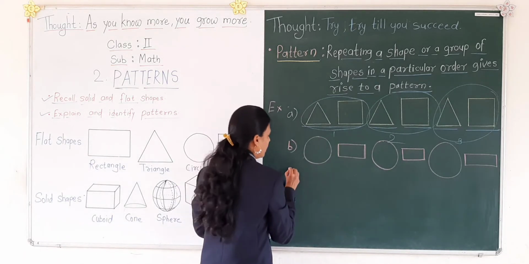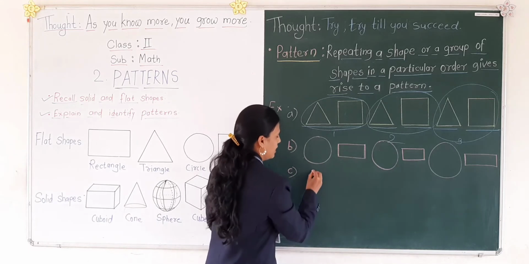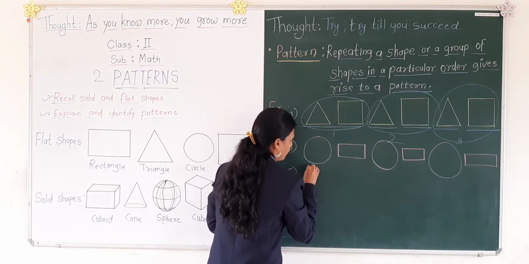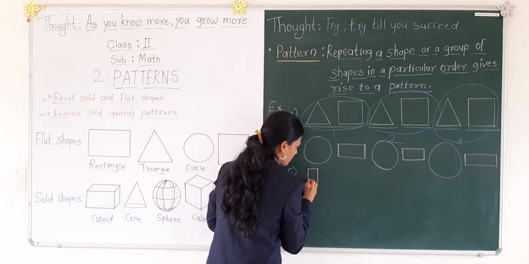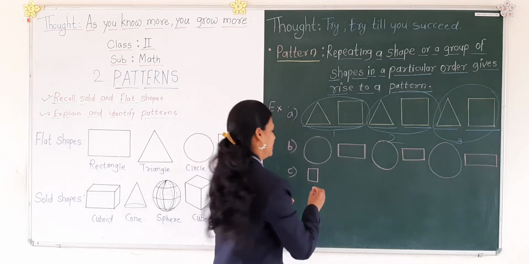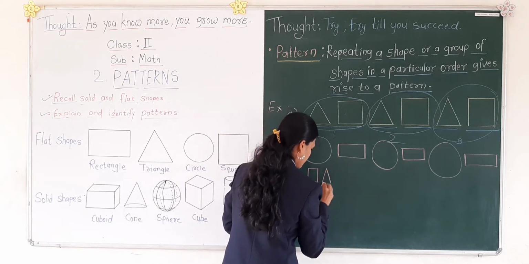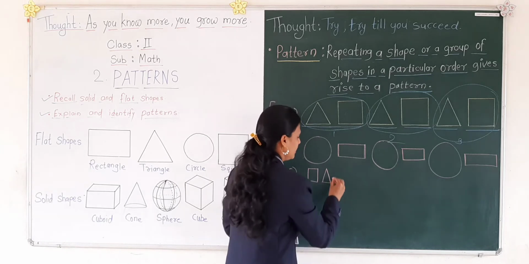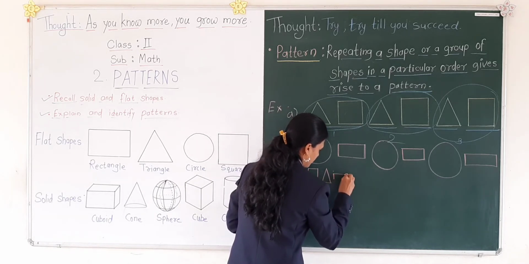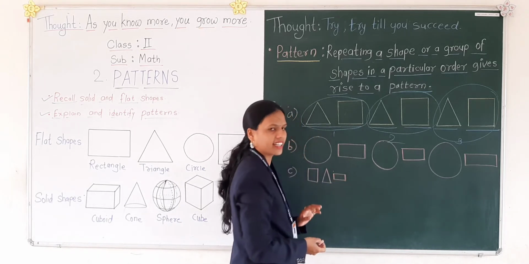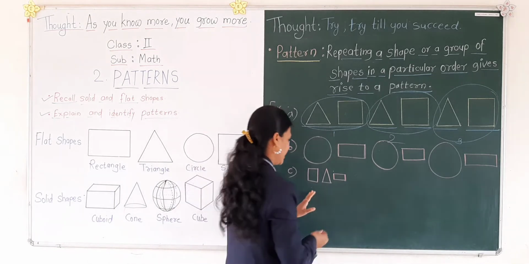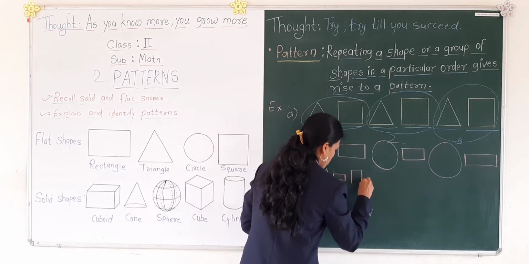One more example. Okay. We will read the example of first square, triangle, rectangle. Alright. Then again square.